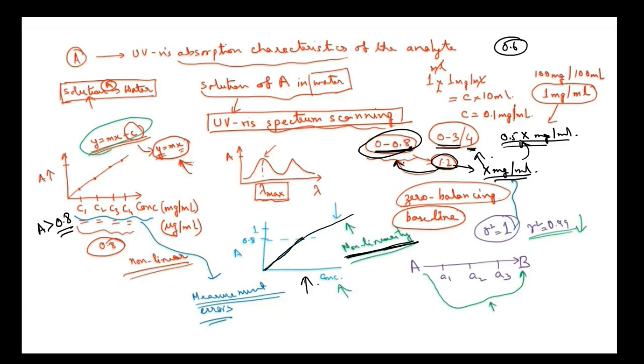So I can go for a dilution of 50%, that means 0.5x mg per ml, and then we measure. Whatever readings we get within this 0 to 0.8 region, we accept, and then in the calculation you have to include those dilution values. Okay, so this is the thing.